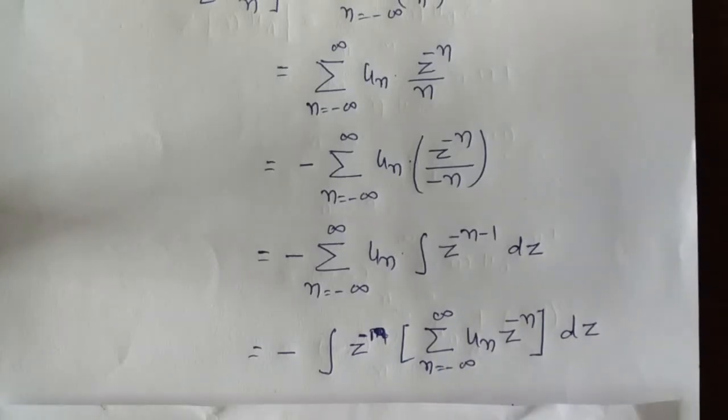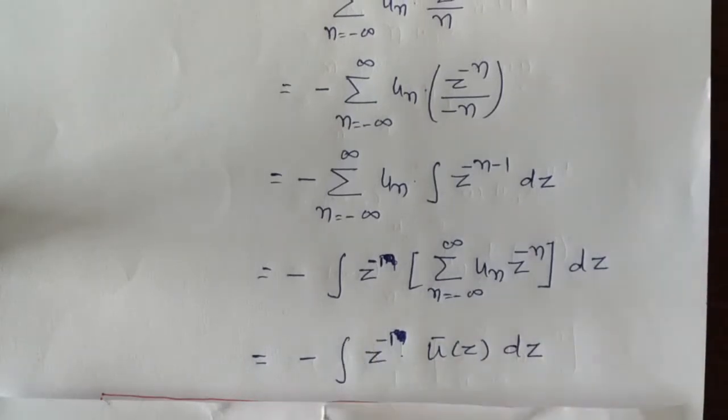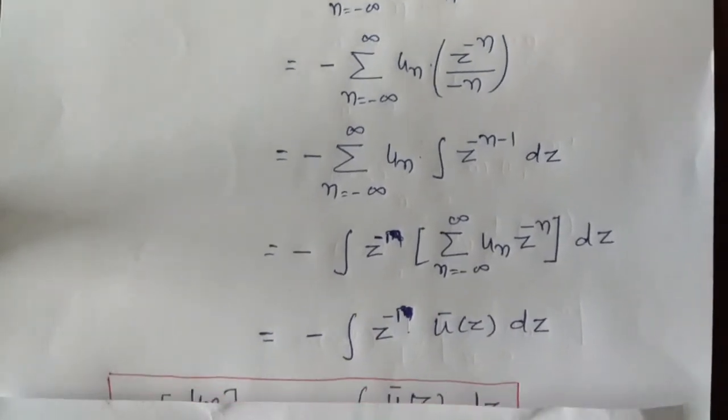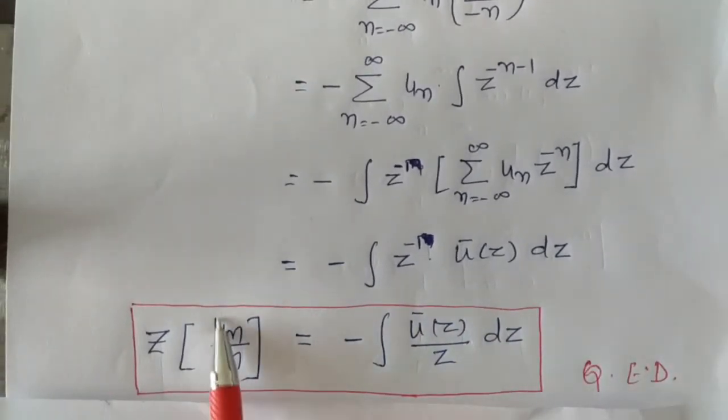So we write minus the integral of z power minus 1 as it is, times U-bar(z), the z transform of the sequence u(n), into dz. And finally this z inverse we write as 1 upon z. Then we have the z transform of the sequence u(n) by n, that is division by n.